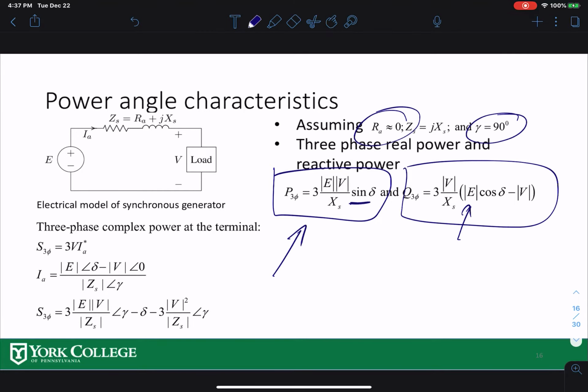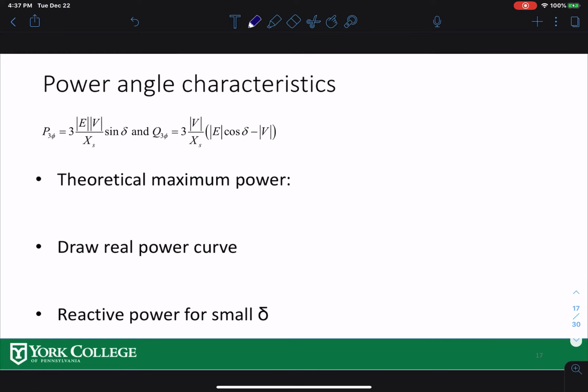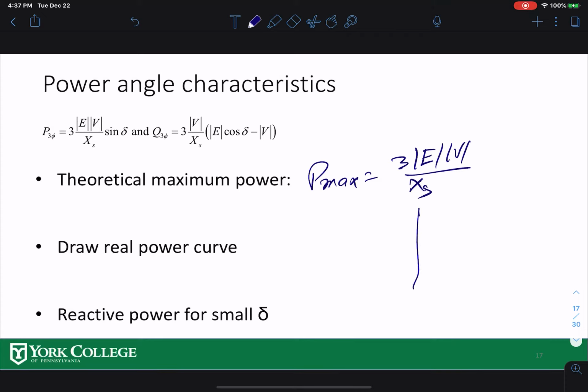All right. So now the theoretical max power, P max, would be 3 times E V over X_S, where delta is 90 degrees. Let me draw this here if I can.